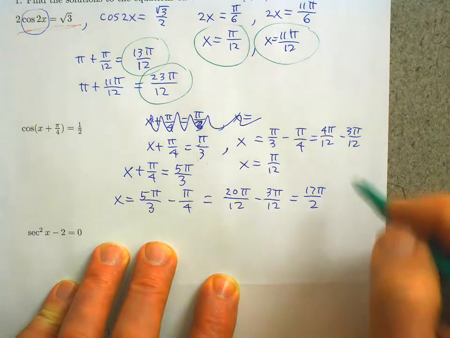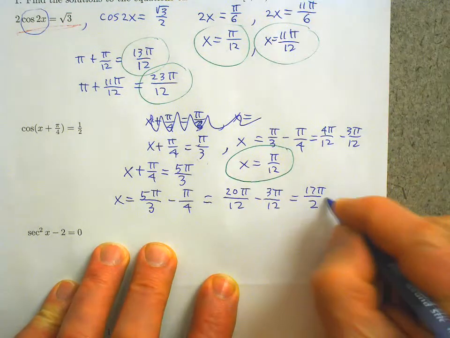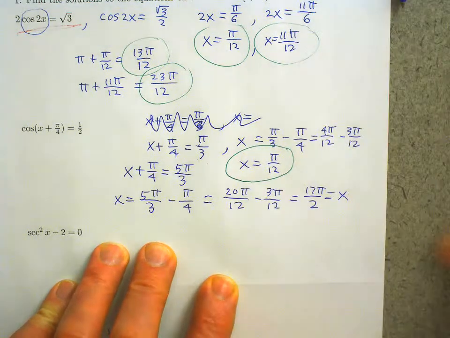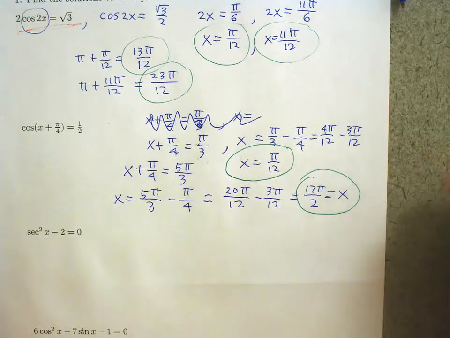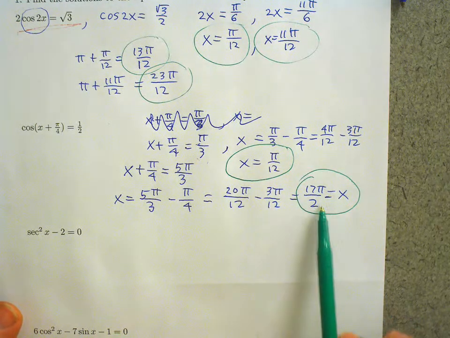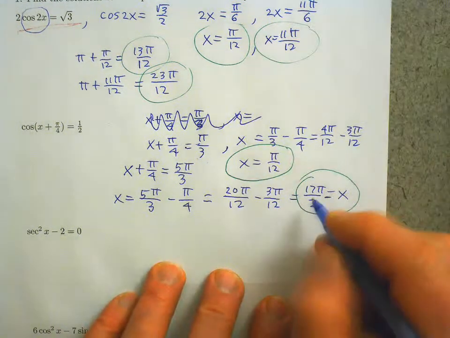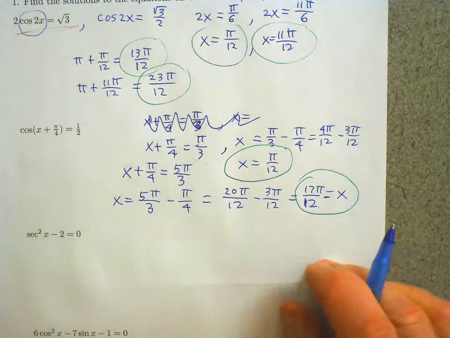So we're okay because both of those numbers are between 0 and 2 pi. And there won't be more than two solutions between 0 and 2 pi, and we found them both. But this denominator should be 17 pi over 12.